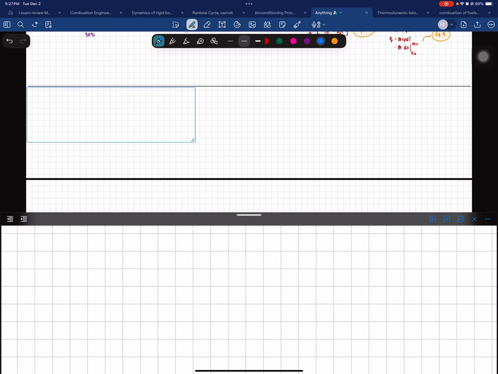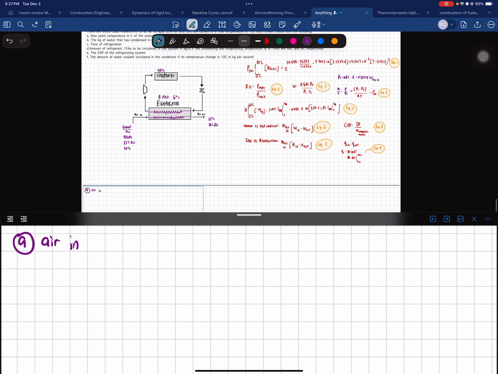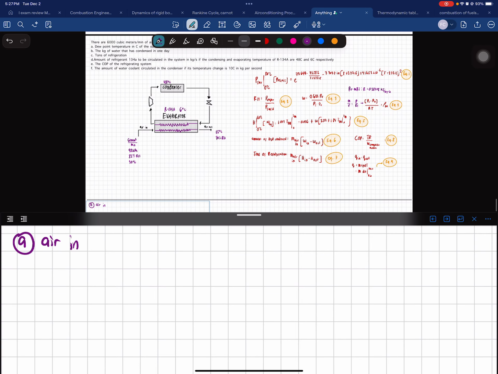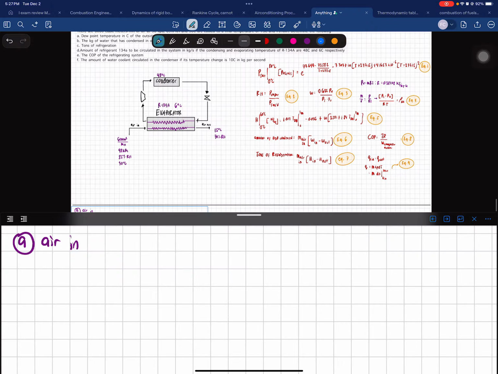So at air in, we can find the vapor pressure using our relative humidity equation, but we don't have the saturated pressure.